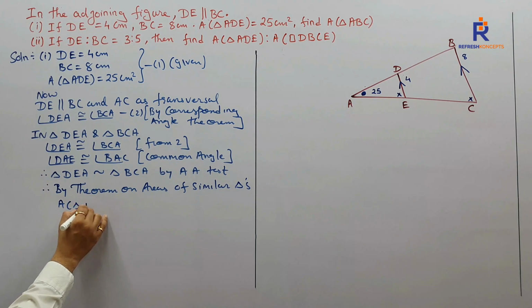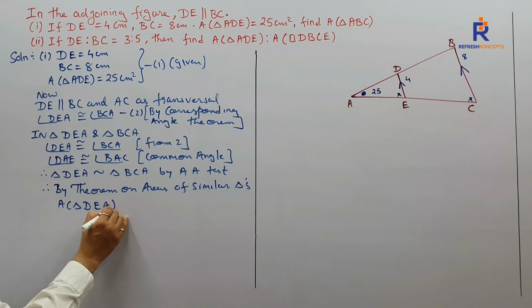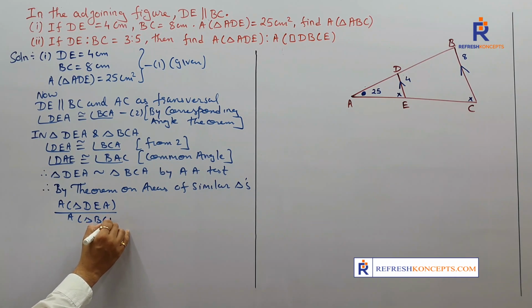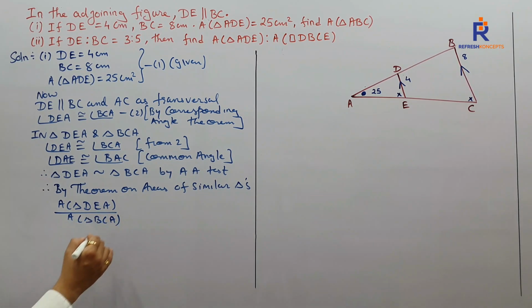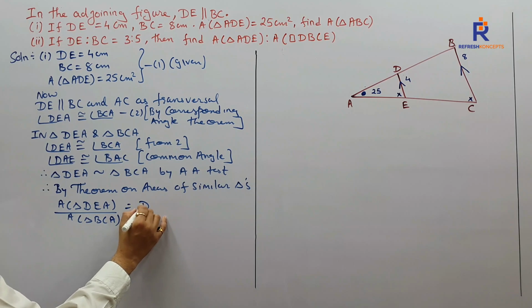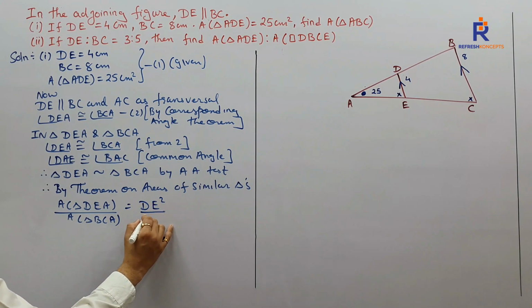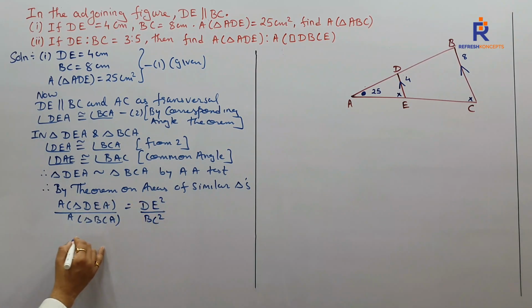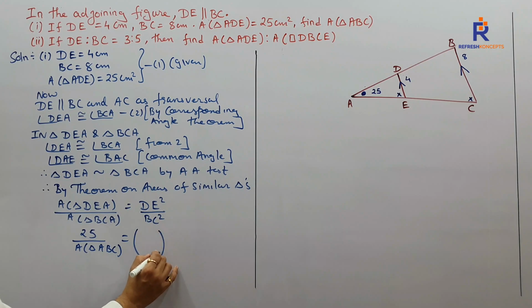Area of triangle DEA upon area of triangle BCA, or you can say ABC, is equal to DE square upon BC square. Area of triangle DEA is given to us, 25. Area of triangle ABC, that's what I need to find out. Can I say DE by BC the whole square?